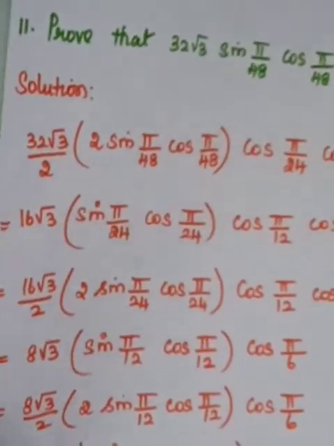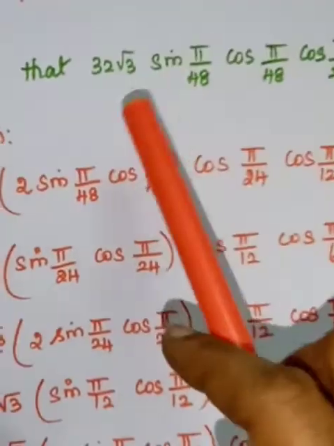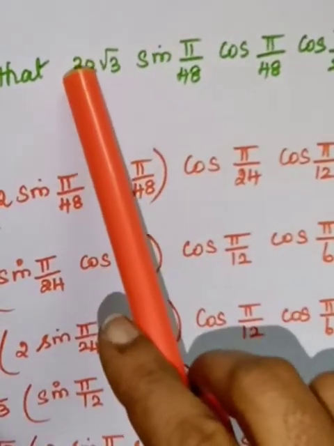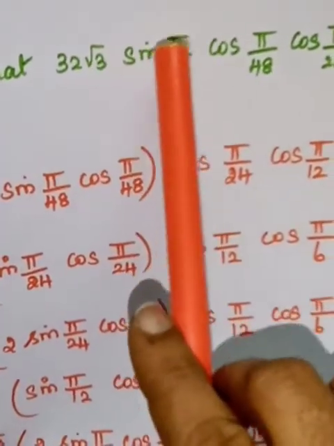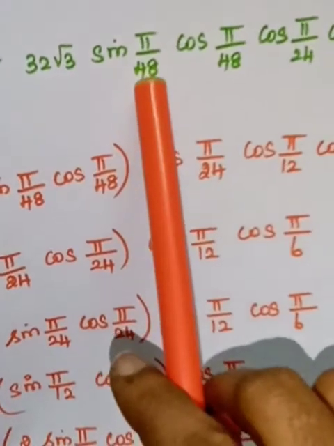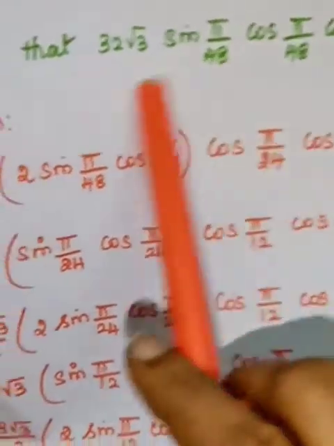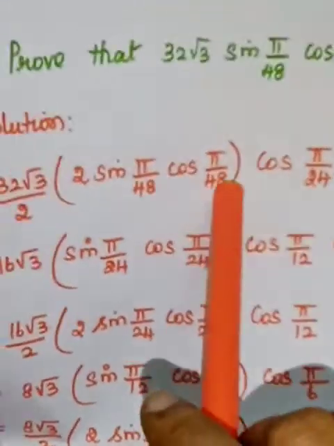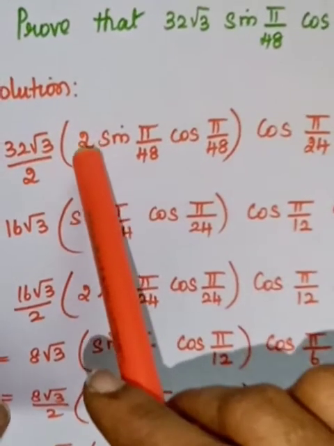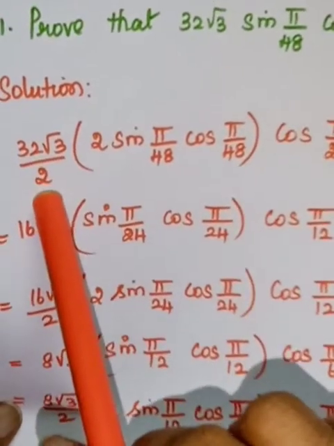You see that. First, 32 root 3 into sine pi by 48 into cos pi by 48. That term I have considered. In that, I multiply and divide by 2.